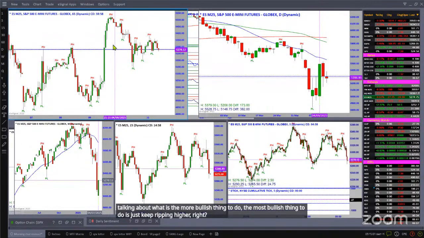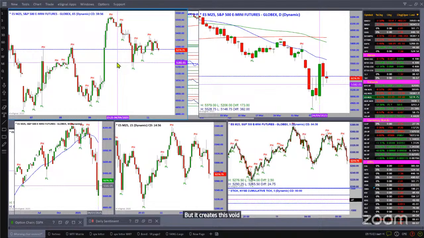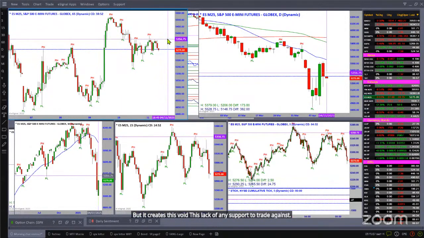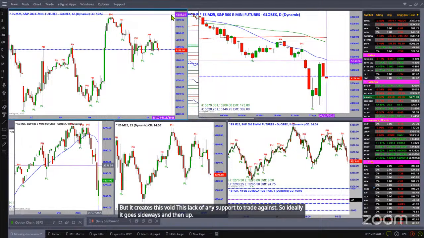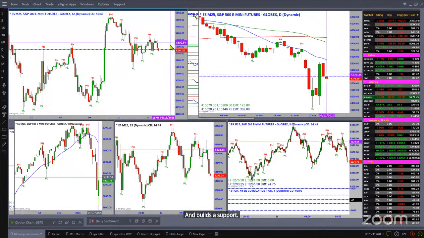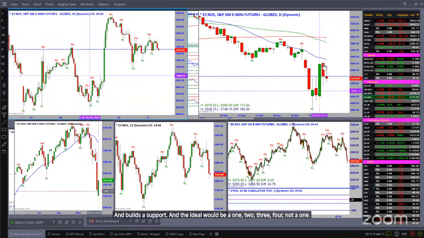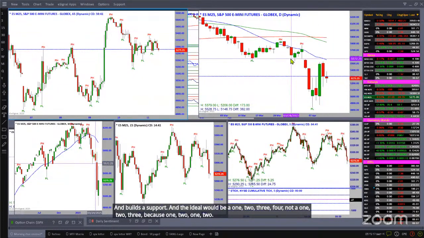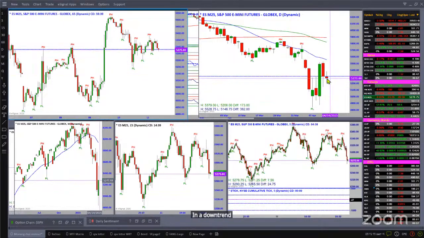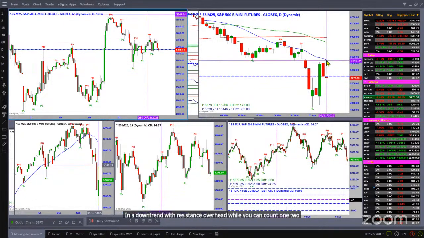But it creates this void, this lack of any support to trade against. So ideally, it goes sideways and then up and builds a support. And the ideal would be a 1, 2, 3, 4, not a 1, 2, 3, because 1, 2, 1, 2 in a downtrend with resistance overhead, while you can count 1, 2, it's not a high probability trade.